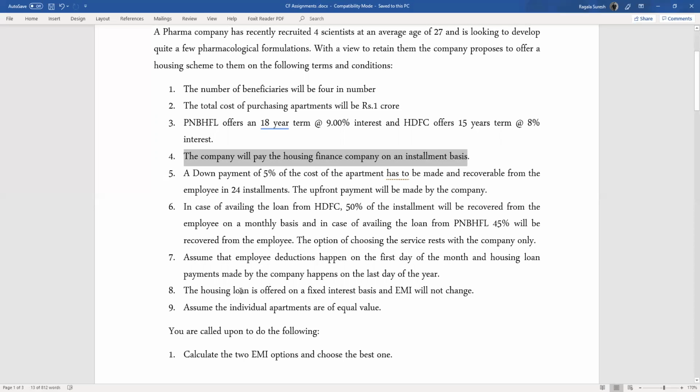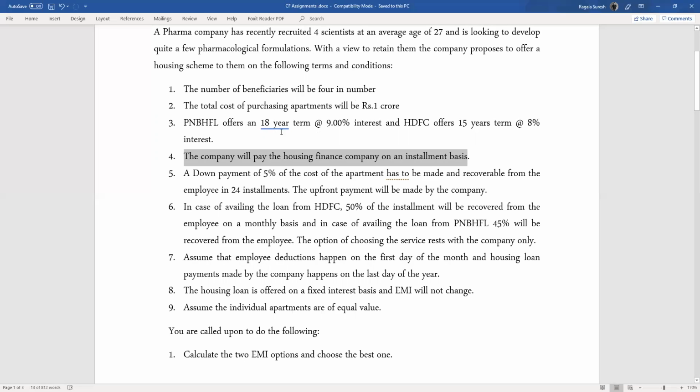Somewhere I read, assume the individual apartments are of equal value. The number of beneficiaries will be 4. The total cost of purchasing apartments will be 1 crore.